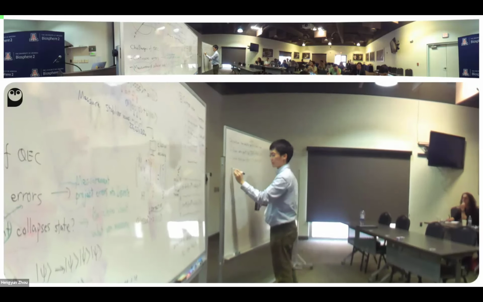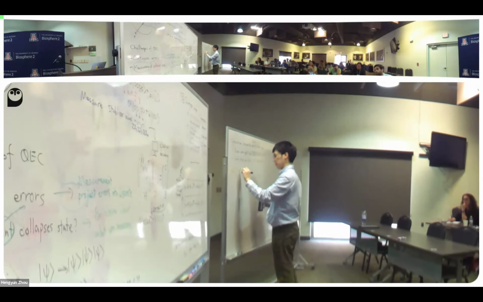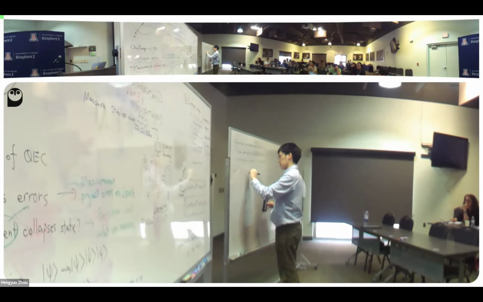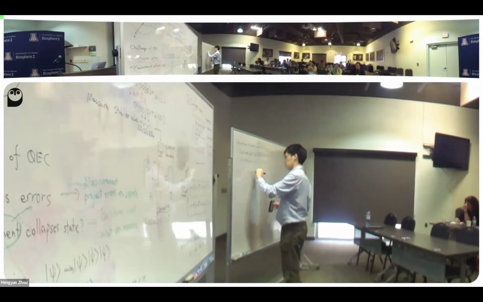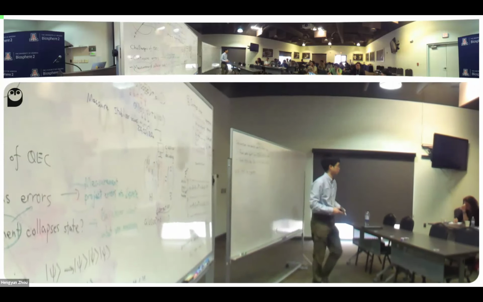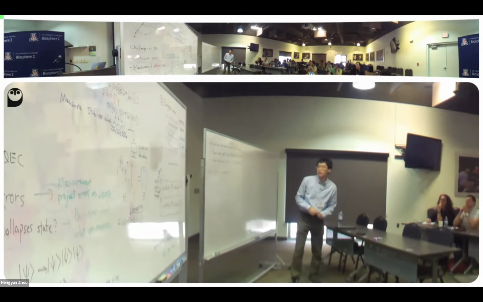Another way to say this is that H is a sparse matrix, such that the row and column weights are bounded.